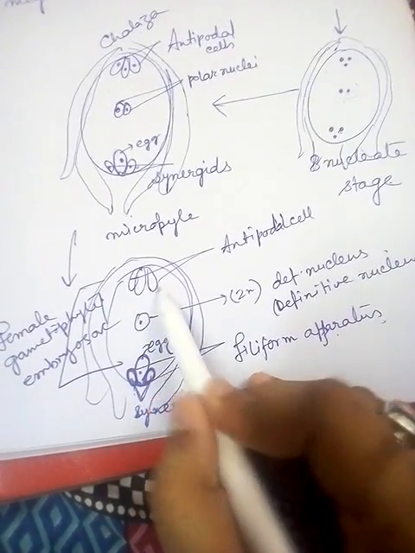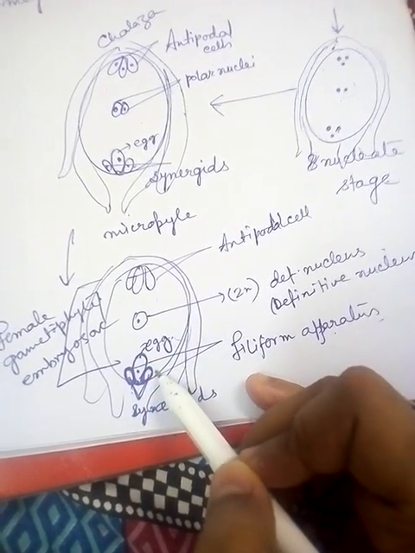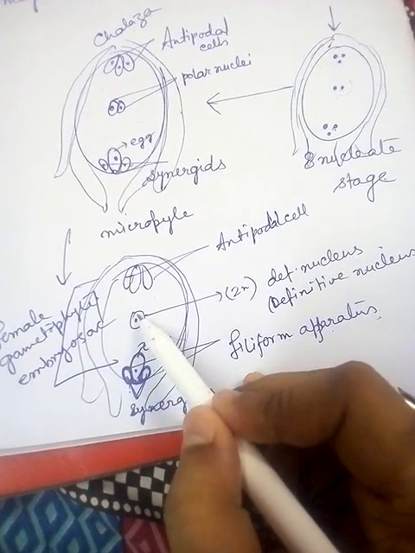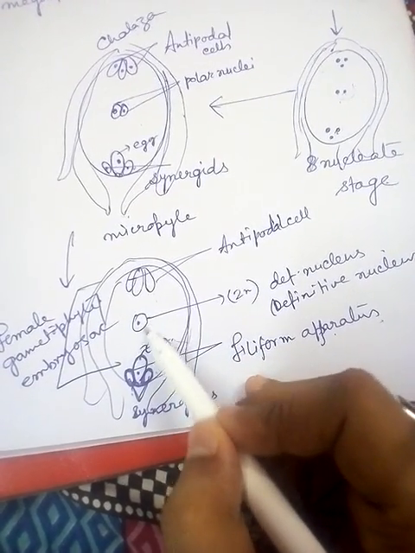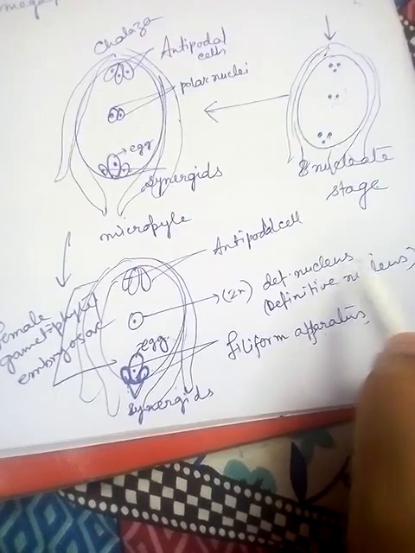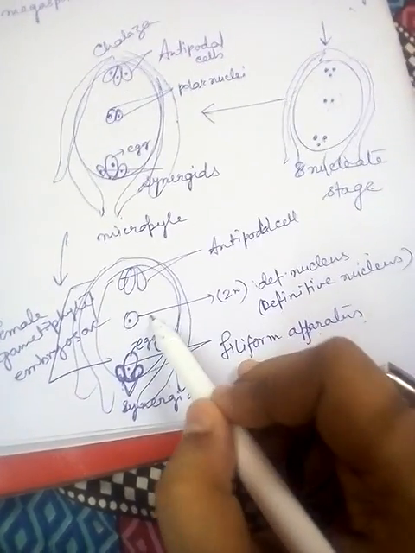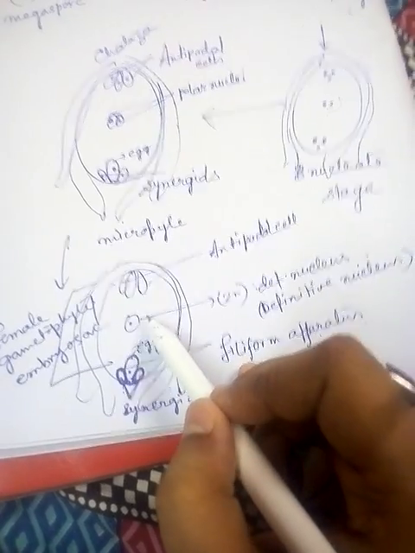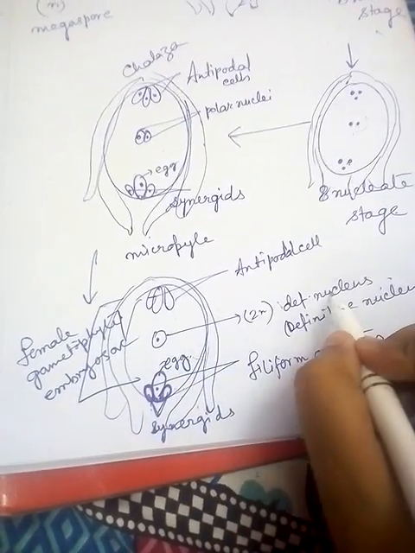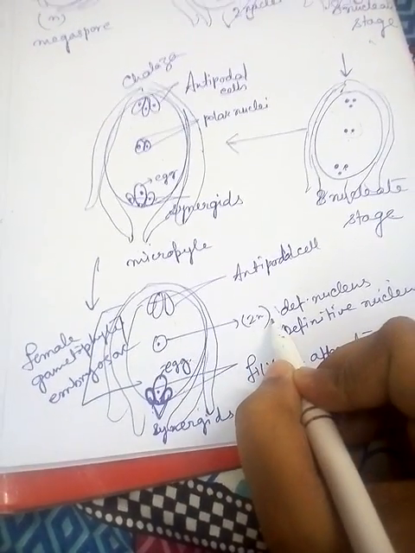So here 1, 2, 3, 4, 5, 6 cells are present, and the 2 nuclei are fused forming the definitive nucleus, which is 2n, because n and n, the 2 polar nuclei, fused. So it is 2n or diploid in nature.